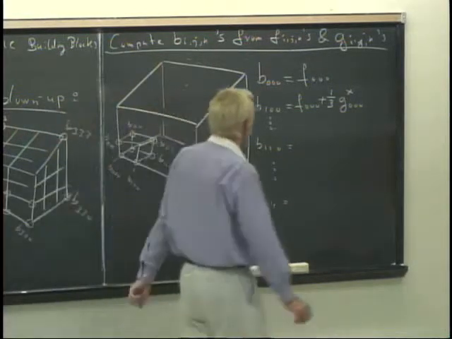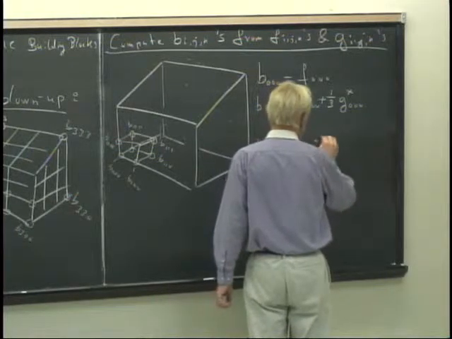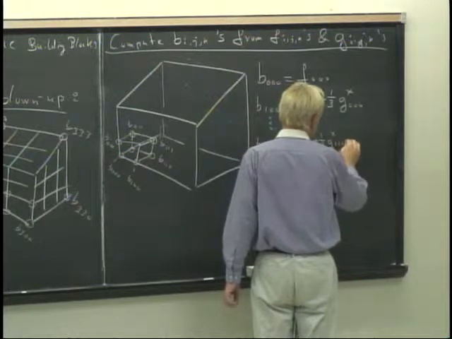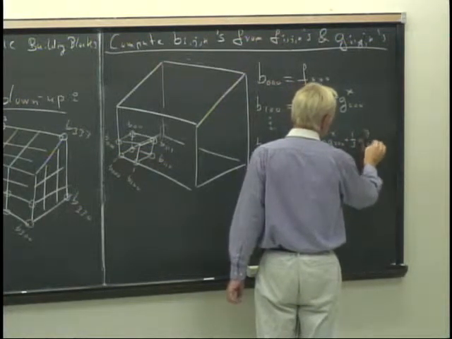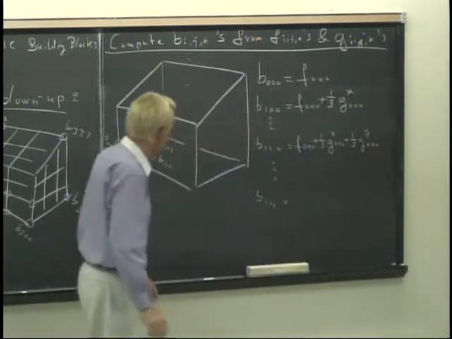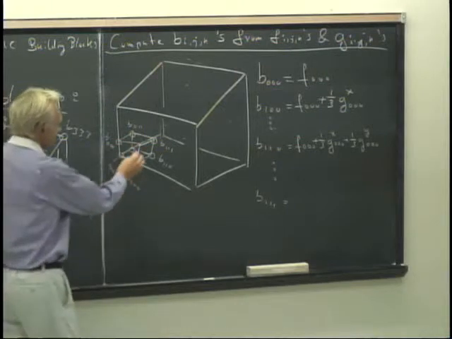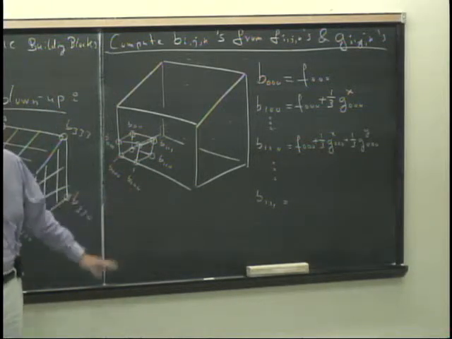Okay? So that's what that guy is, a different type. So that's f00 plus 1/3 of gradient in x at that corner plus 1/3 of gradient in y at that corner. The other guys, like this one and this one, are similar. I don't put them down.